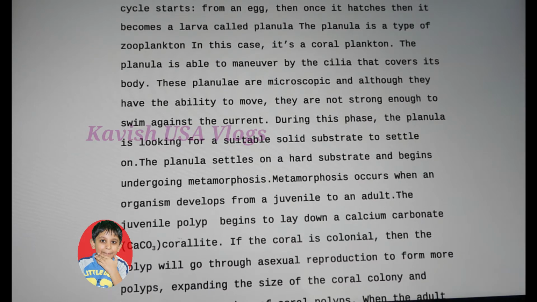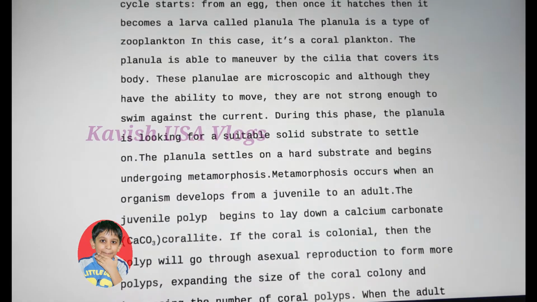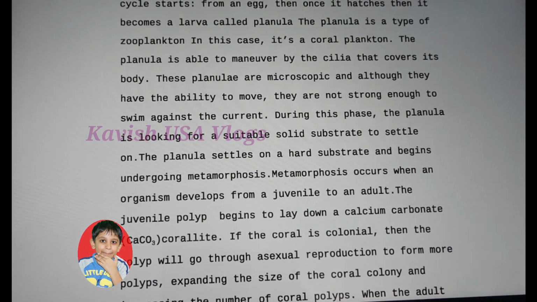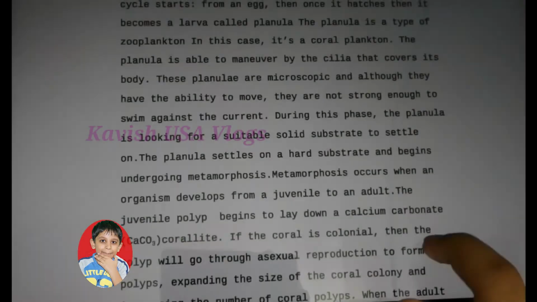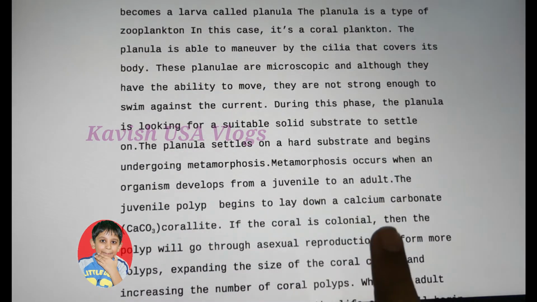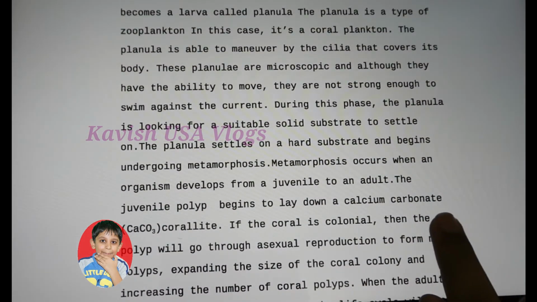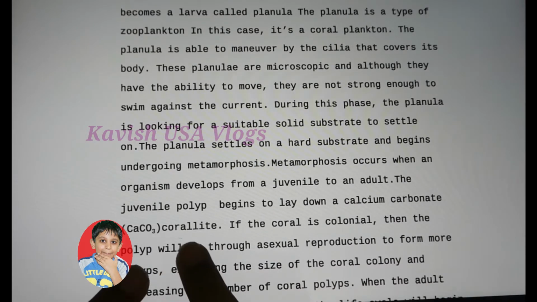The planula settles on a hard substrate and begins undergoing metamorphosis. Metamorphosis occurs when the organism develops from a juvenile to an adult. The juvenile polyp begins to lay down calcium carbonate, I don't know how to pronounce this thing, corallite.